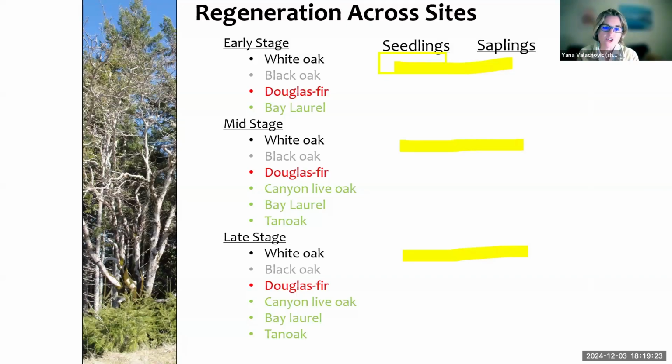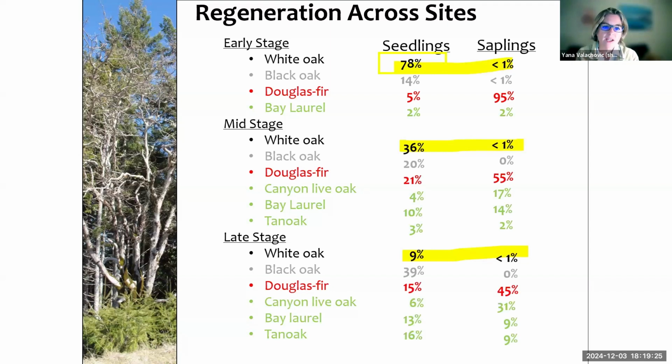So one of the questions we had was, what is the regeneration success that's happening? What seedlings are we seeing over time in these sites? And what's happening to their success? And within that, are we seeing these oak trees be able to reproduce? Sure enough, what we've seen is that the seedlings, so that's an individual at diameter breast height less than 1 inch around in diameter.